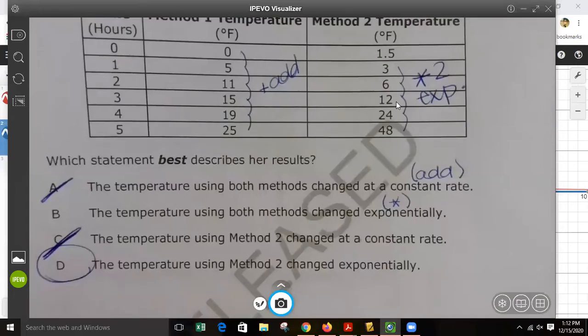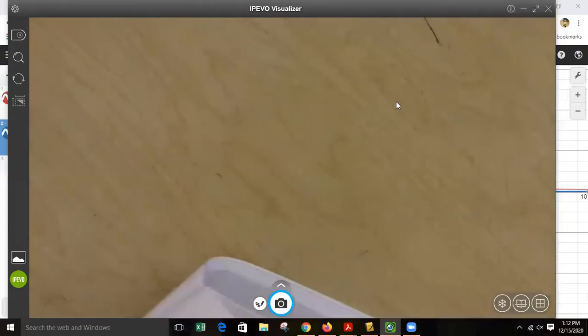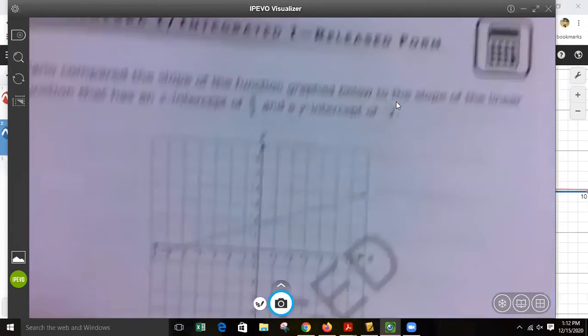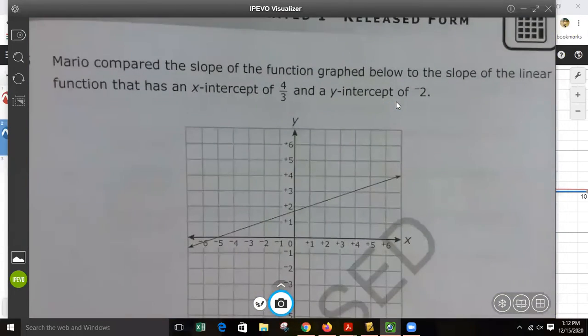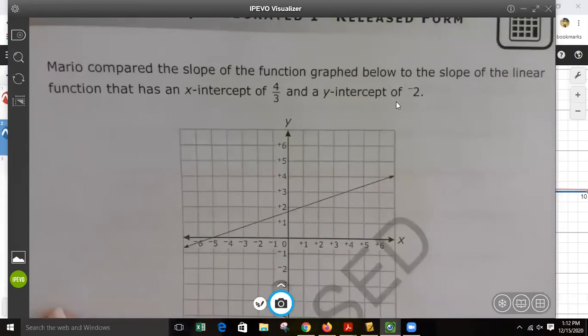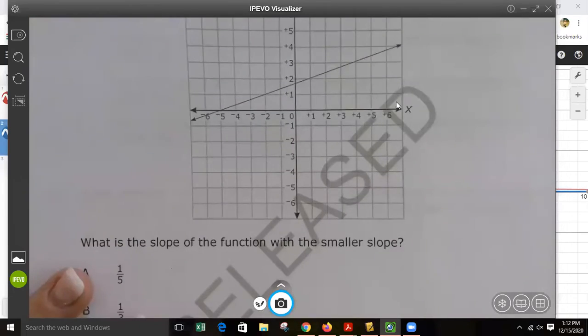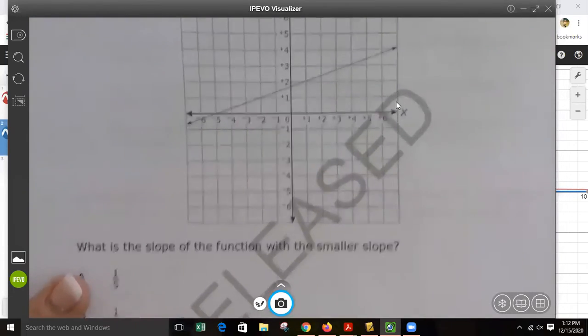Okay, let's check out another one. Okay, so this one says Mario compared the slope of the function graph below to the slope of the linear function with an x-intercept of 4/3 and a y-intercept of -2. So then it says, what is the slope of the function with the smaller slope?